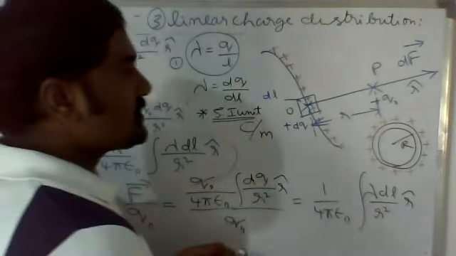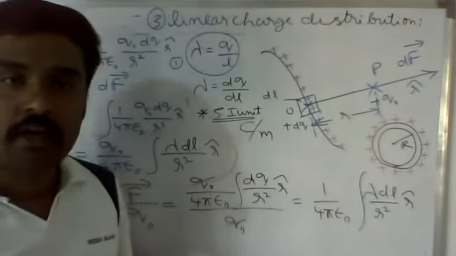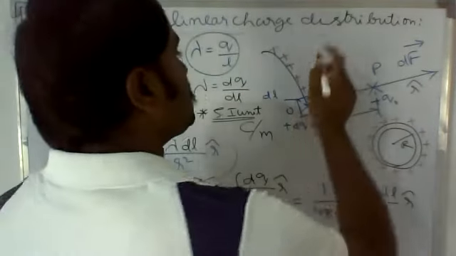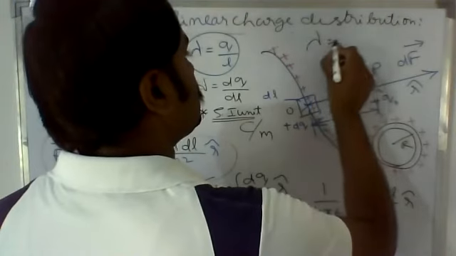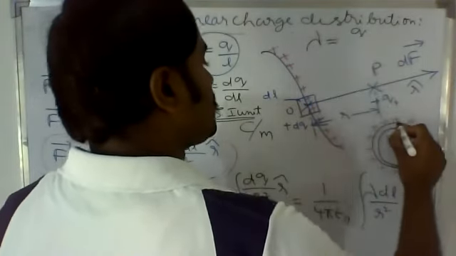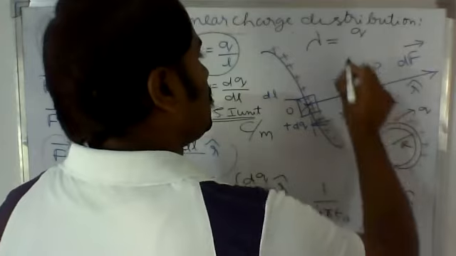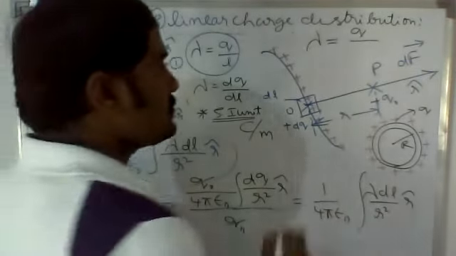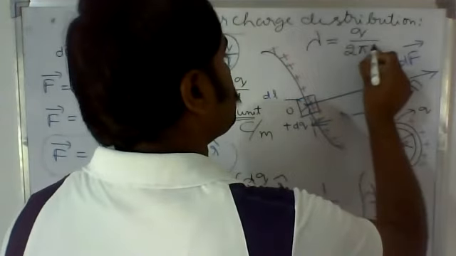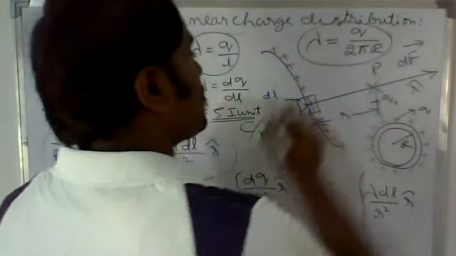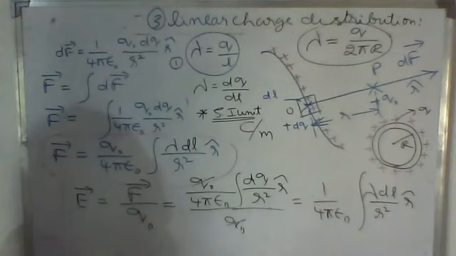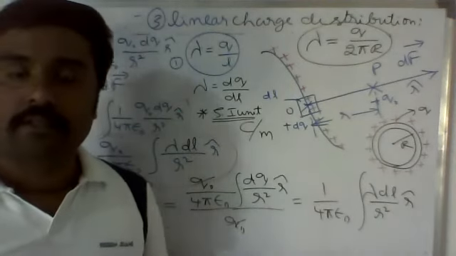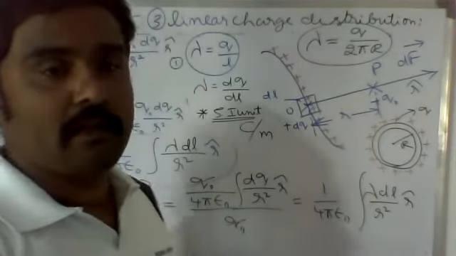Then what is its linear charge density? Lambda is equal to the entire charge on the ring, q, divided by the entire length of the ring, that is the circumference, 2 pi r. This is the mathematical expression for the linear charge density of the ring.